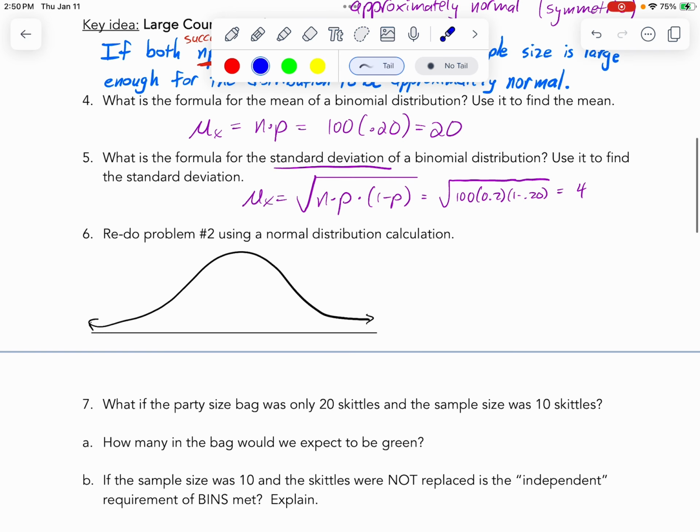So the curve would be labeled with 20 in the middle, and it would go up and down by 4, like 24, 28, and so on, 16, 12, 8, just filling it in like that, right?